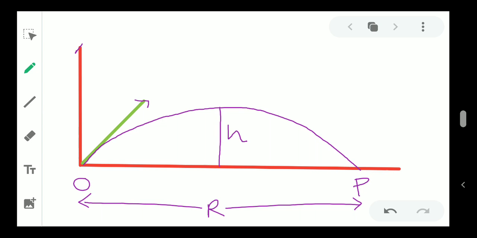In that case you can say this motion is happening in a two-dimensional frame. Why two-dimensional? Because r is involved as well as h. So you can define two axes, x and y.